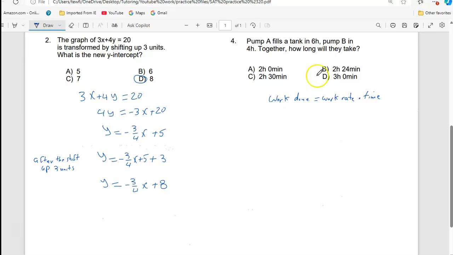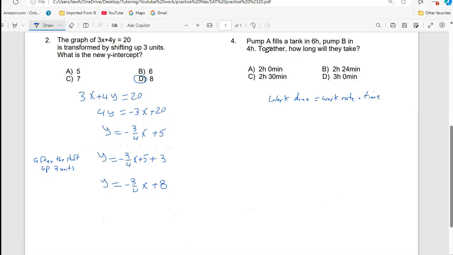For pump A, how much of the job will it finish in 1 hour? 1/6 of the job if it worked by itself. For pump B, how much of the job will be finished in 1 hour? 1/4 of the job.